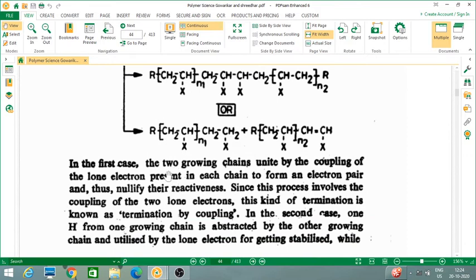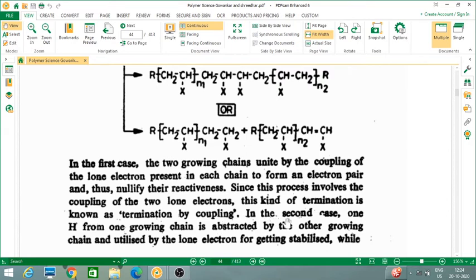In the first case, the two growing chains unite by coupling of the lone electron present in each chain to form an electron pair, and thus nullifying their reactiveness. Since this process involves coupling of the two lone electrons, this kind of termination is known as termination by coupling.